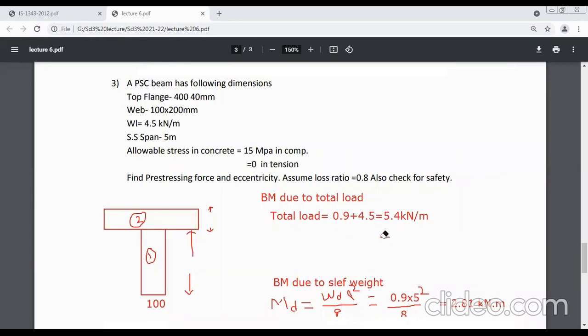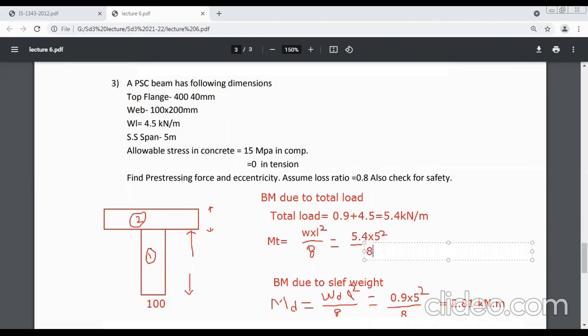Bending moment due to total load. Calculate MT is equal to W into L square divided by 8, so W is 5.4 into span 5 square divided by 8.